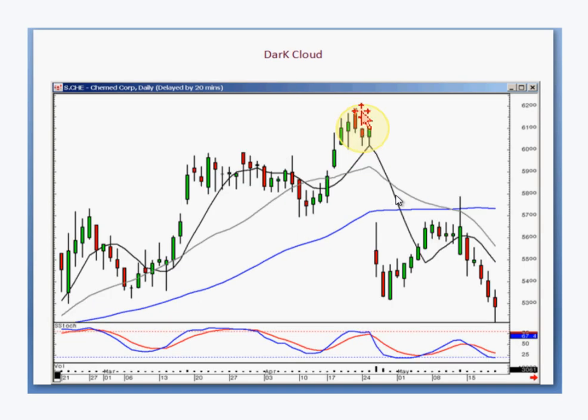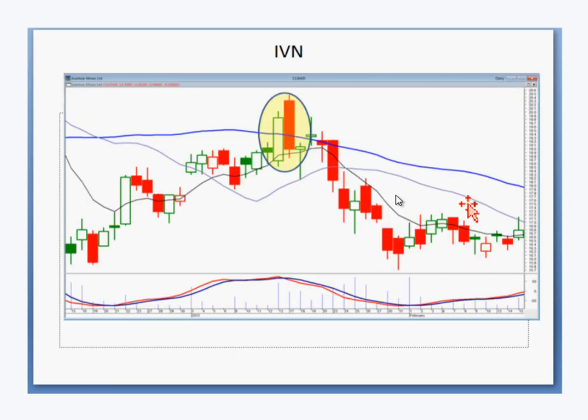It's called a dark cloud because everything's happy, and there's that dark cloud. If you see that happening at a major resistance level, the more compelling it is that that was the area where everybody will start to take profits.